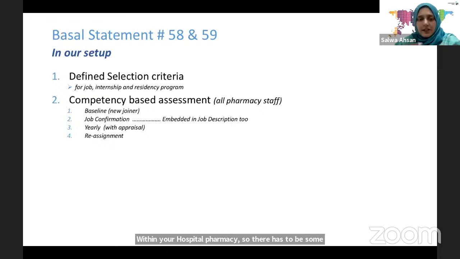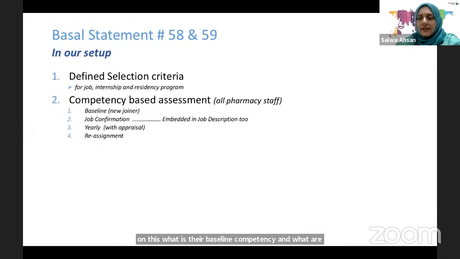I'll show you what types of competency components we have, but just to let you know, there is a defined checklist for competency in each area to which we assign our pharmacists. That is conducted at the baseline when the pharmacists join, in order to assess their baseline competency and the areas of improvement.